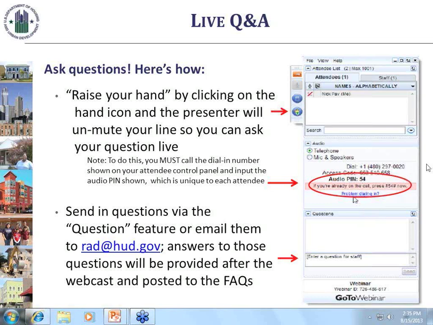Particularly the smaller the PHA, and the more your recapitalization strategy is using tax credits, which means employing a developer, are you going to continue to have a role as a manager of that project, as a partial owner of that project, or are you really turning over those functions to the development entity, and therefore you have less coming back to you?